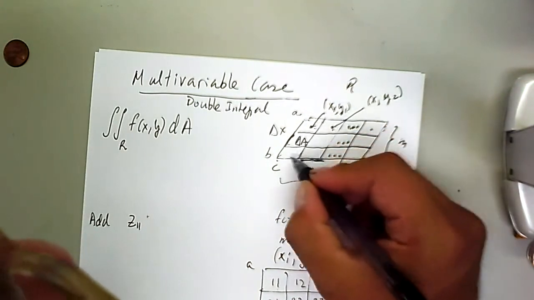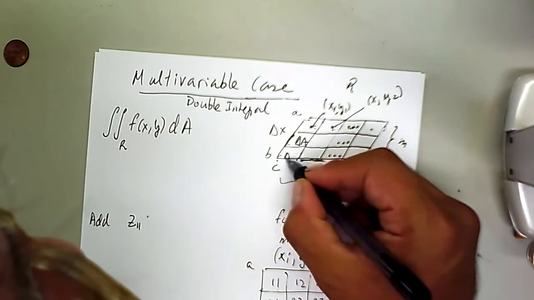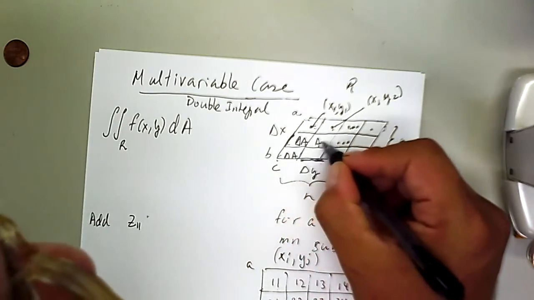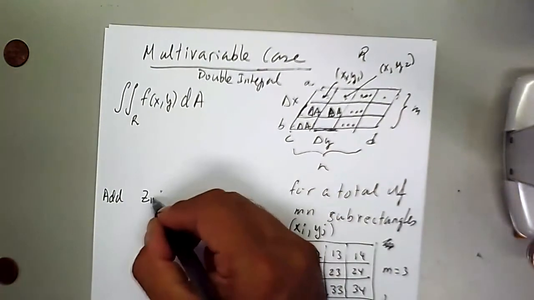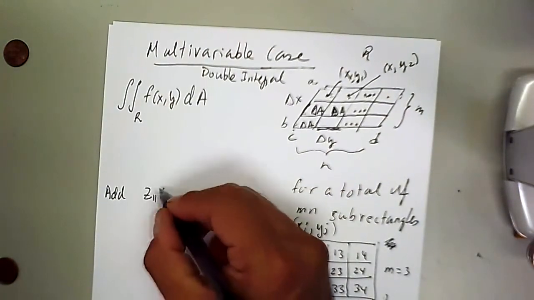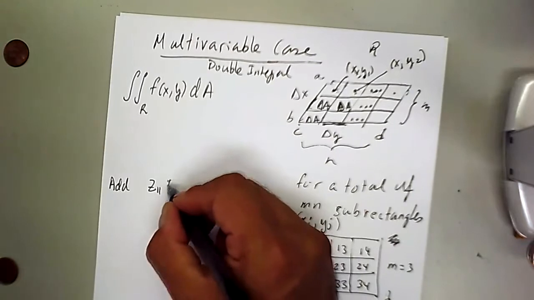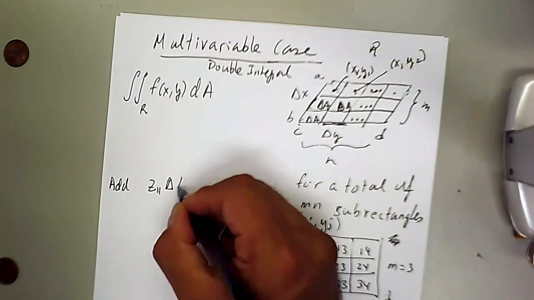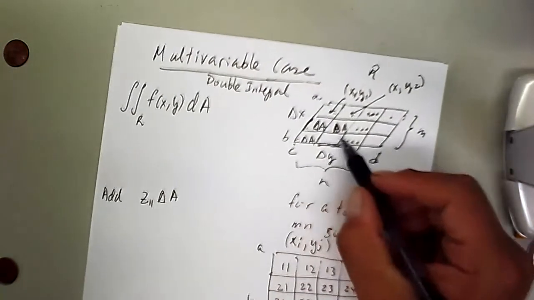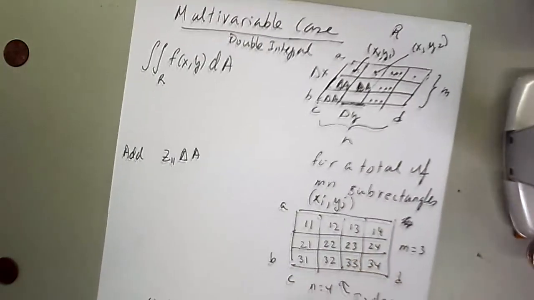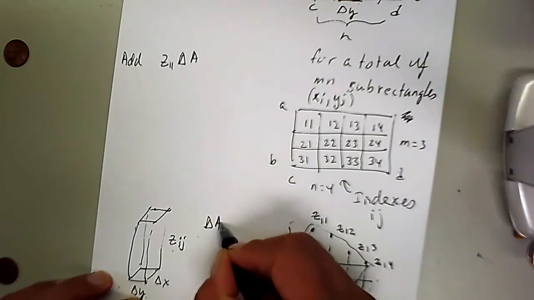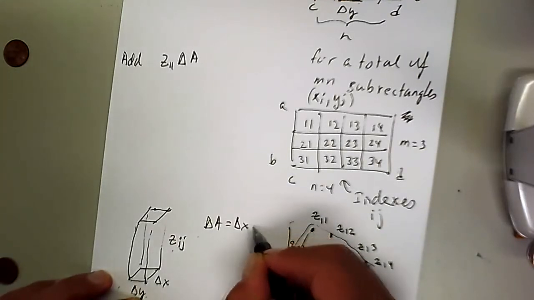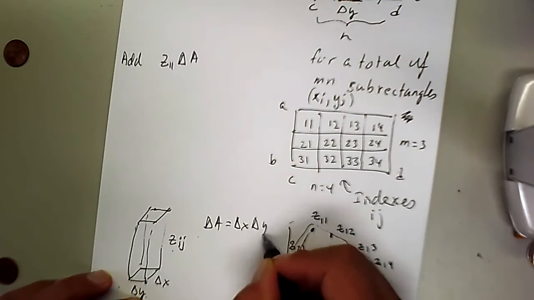So this is an area, and it is going to be the same as this area, which is going to be the same as this, delta A. So instead of writing delta x, delta y, I'm just going to put delta A, and by delta A, we mean delta x times delta y.